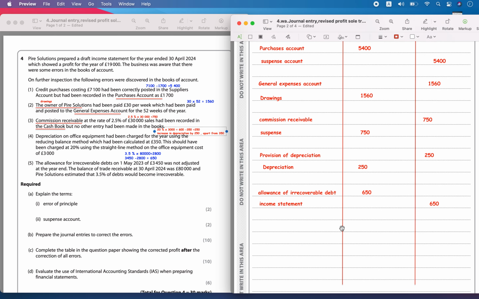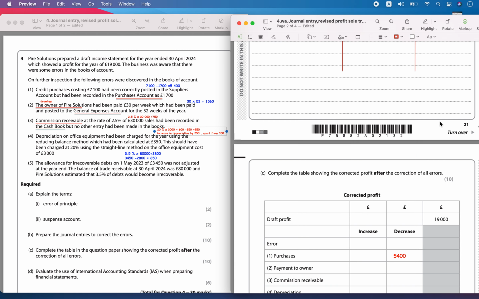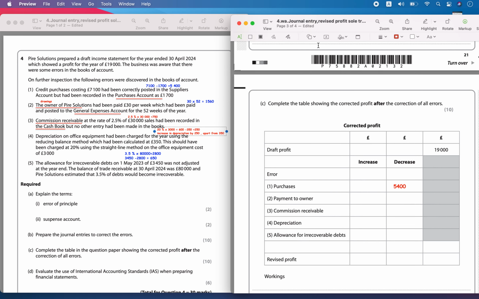Then next we have the drawings and general expenses. Drawings is not going to appear in the income statement. General expenses is going to appear. So it is 1560. Because of that error they are telling, you can write even general expenses here.